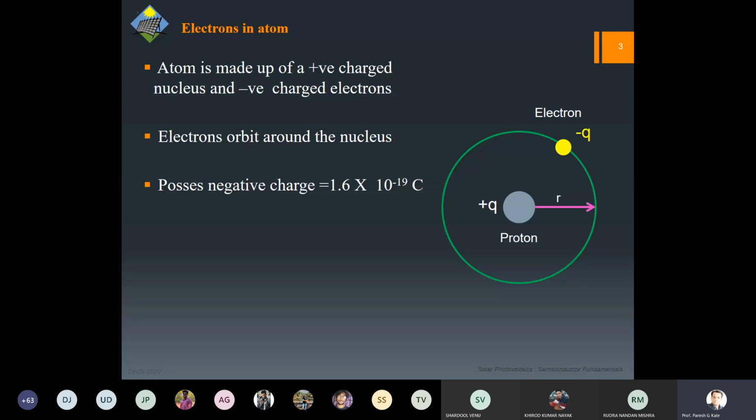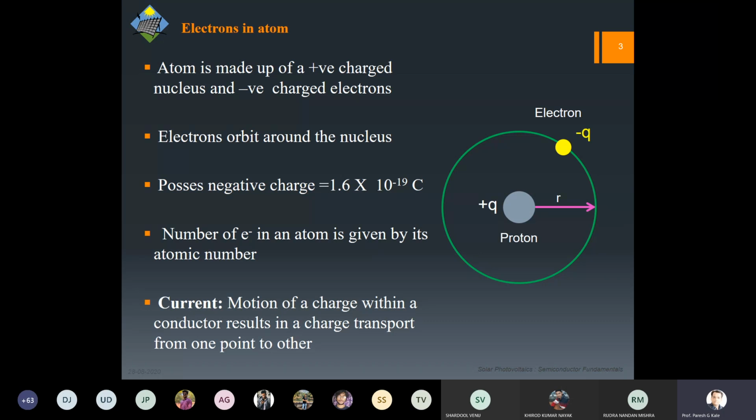Anyway, we'll be using it very frequently, so automatically you will learn it by heart. Obviously, the number of electrons in an atom is crucial, and that is what recognizes the element. So an element is recognized by the atomic number.